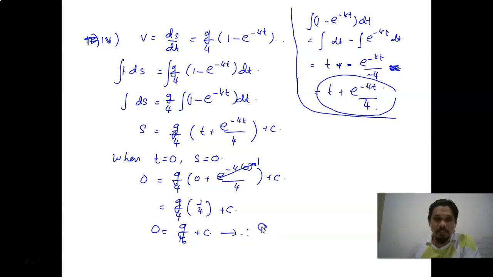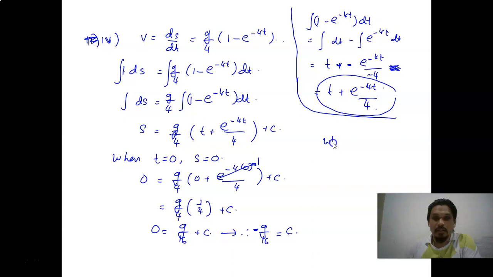So then negative g over 16 equals c. Okay, c equals negative g over 16.